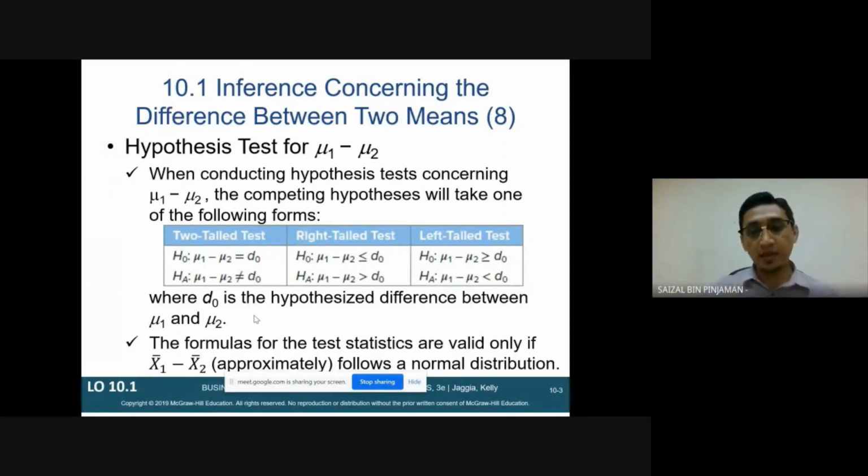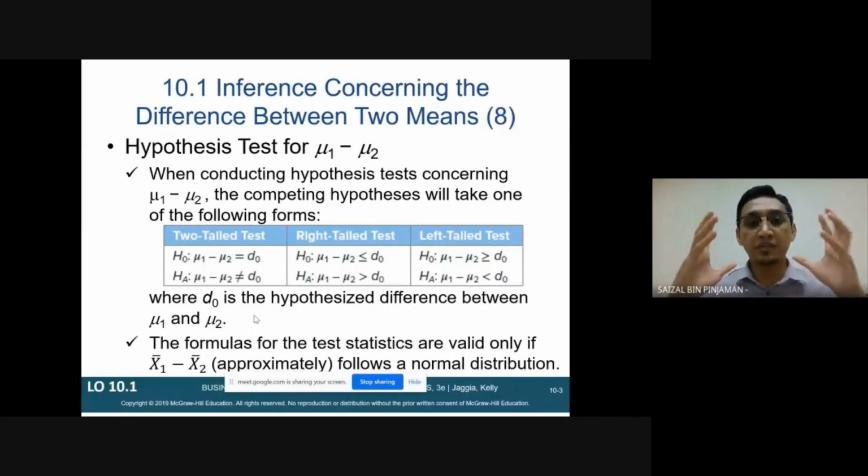And just like in the previous discussion, the null hypothesis is constructed based on the information that we obtain from the status quo, while the alternative hypothesis is a statement that we construct that contradicts the null hypothesis. So the alternative hypothesis will always go against the status quo.